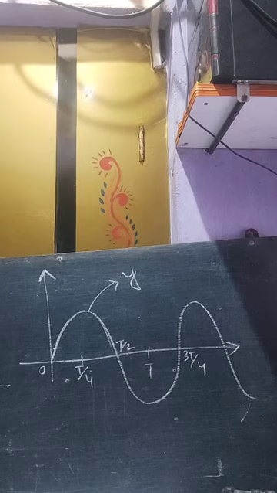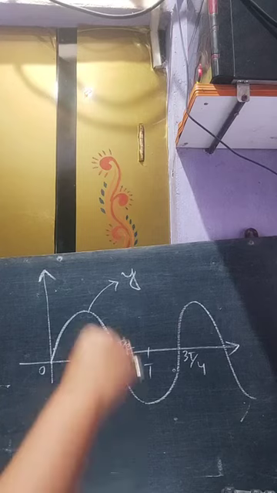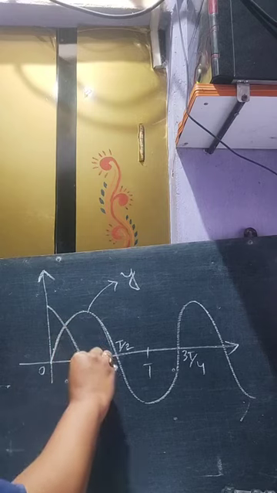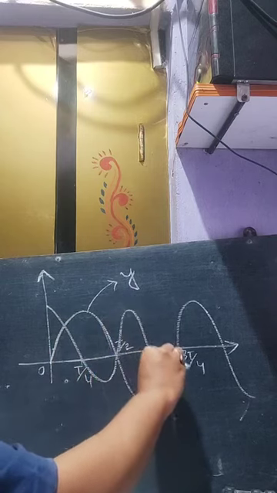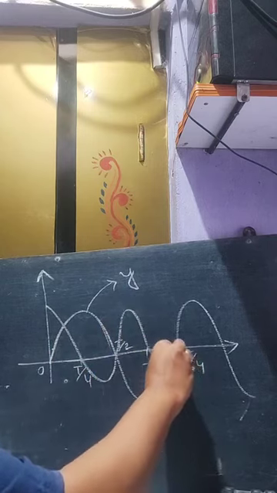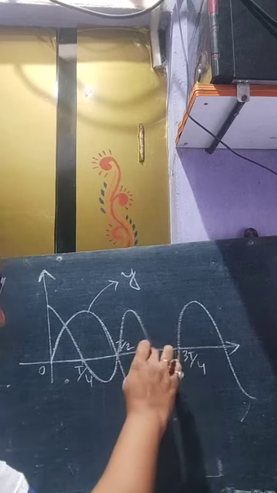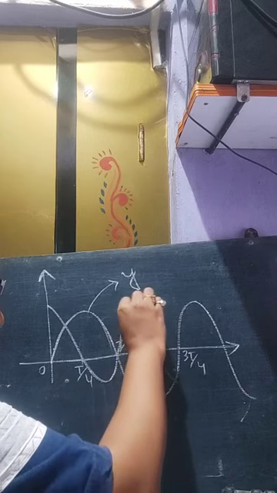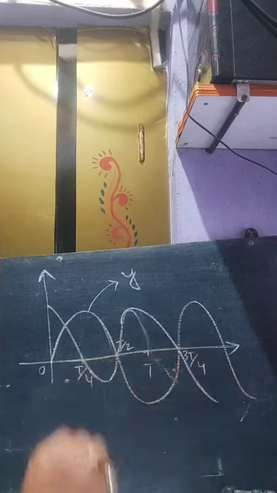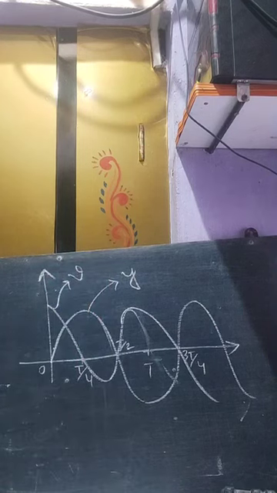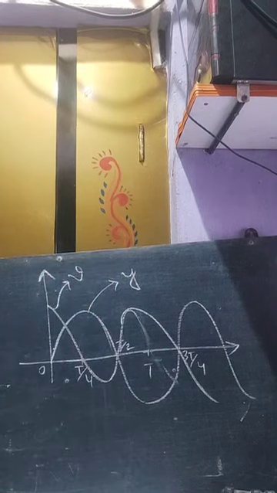If I want to draw the graph of velocity, it will be like this. So, this is the graph or curve for velocity, and for acceleration what will be the curve?